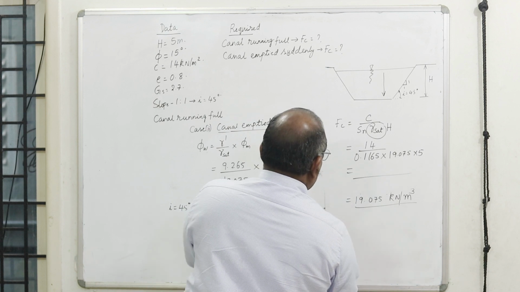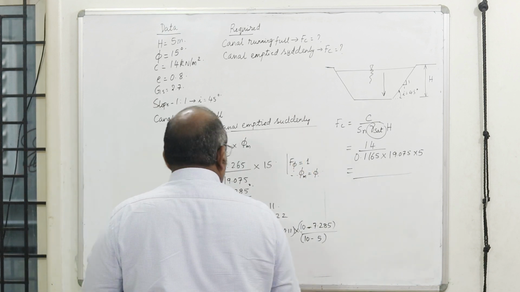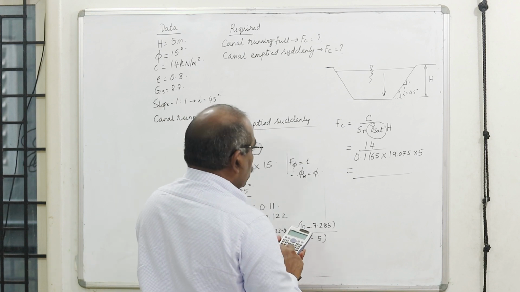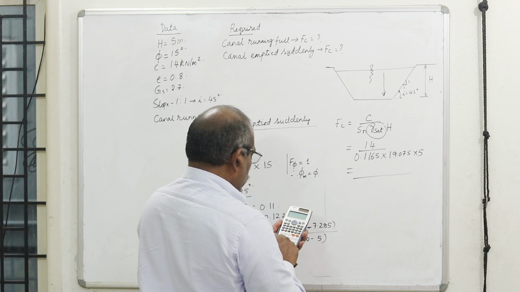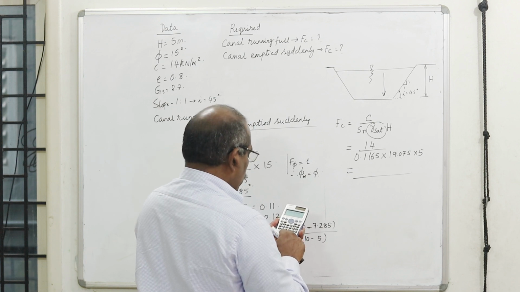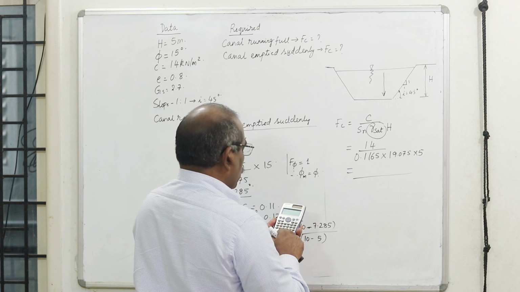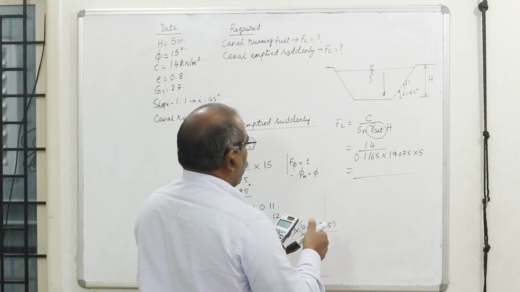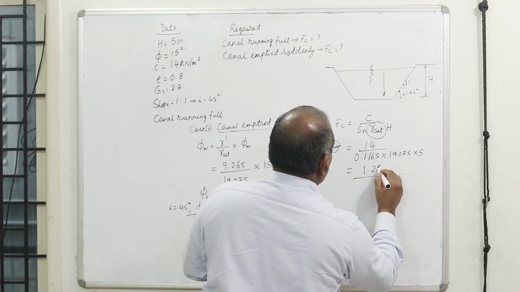Now what is this value? Let us see. Then you will understand the beauty of this case. 0.1165 into 19.075 into 5, over 14, is 1.26.